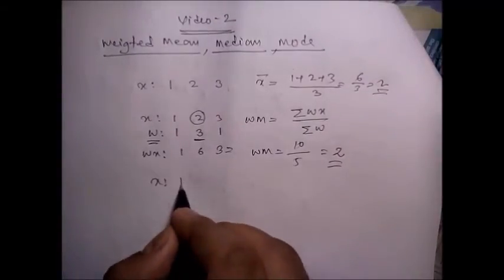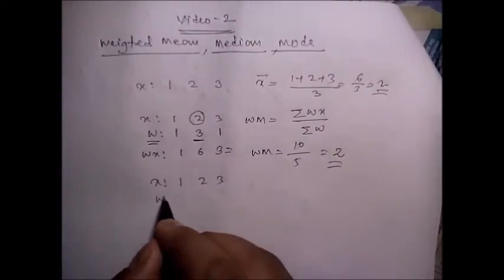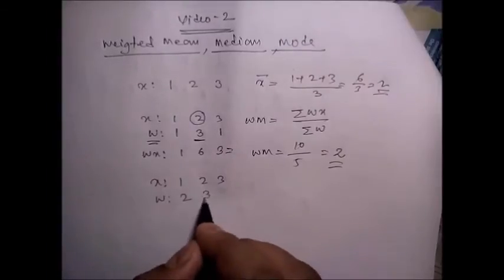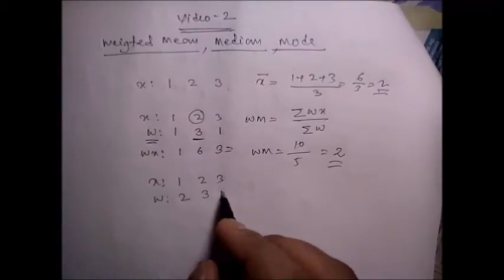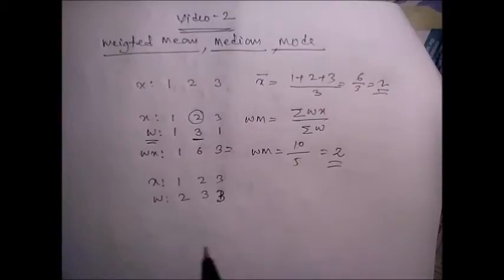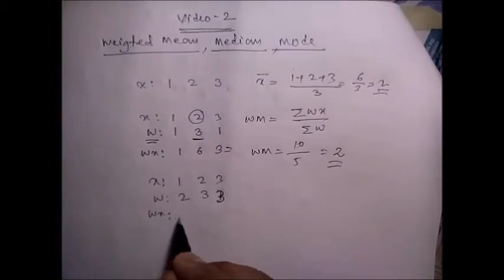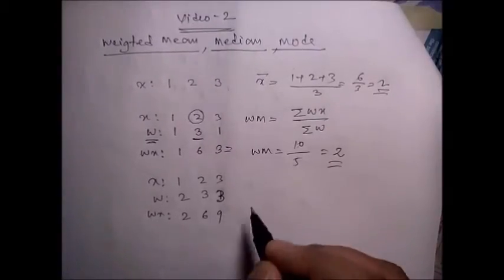If weights are different, you can get different results. Say the values are 1, 2, 3 and the weights are 2, 3, 3. Then wx will be 2, 6, 9.